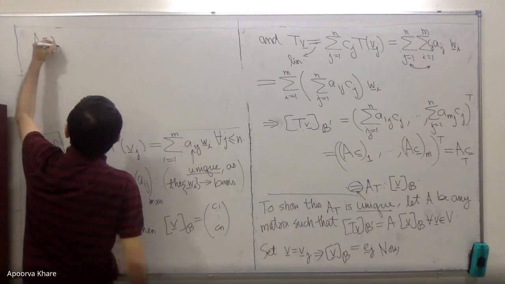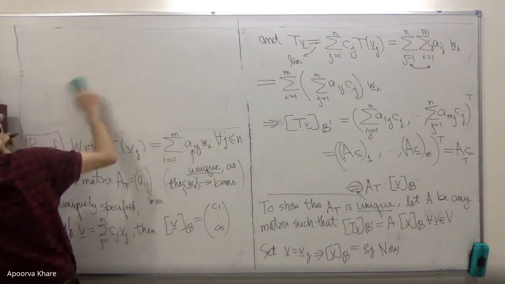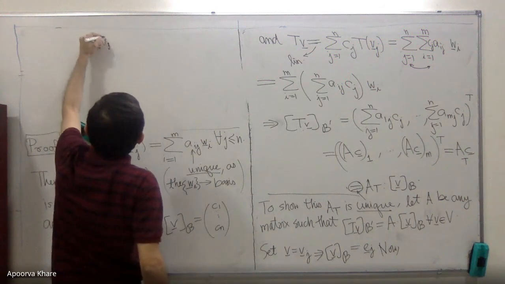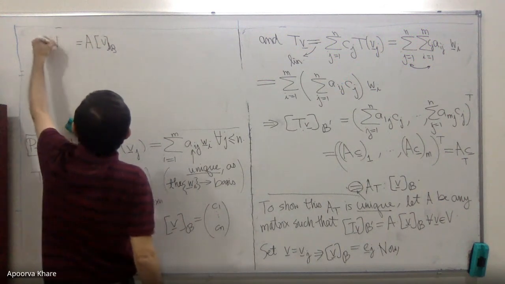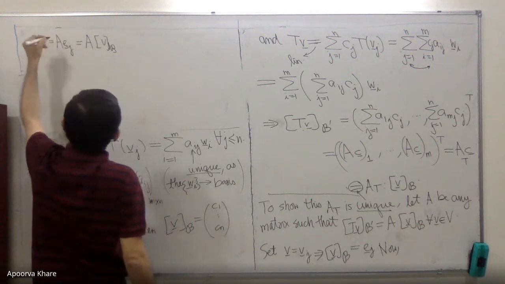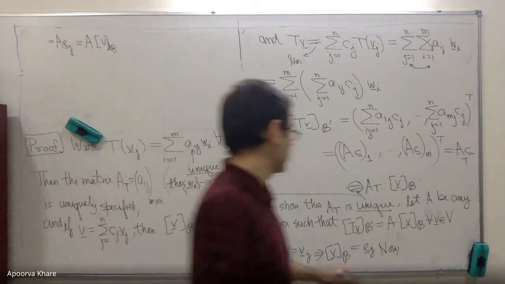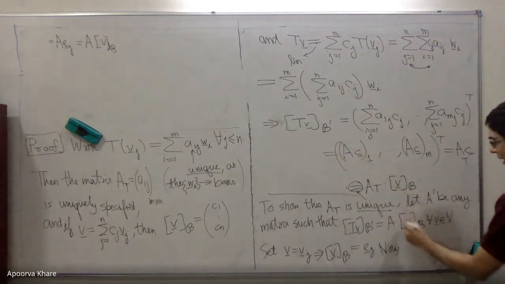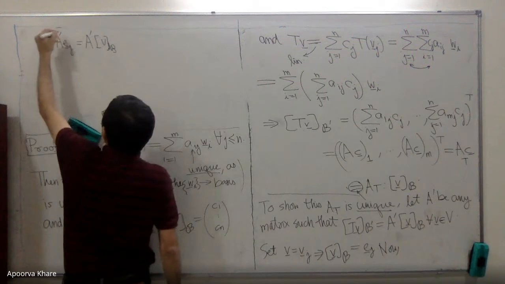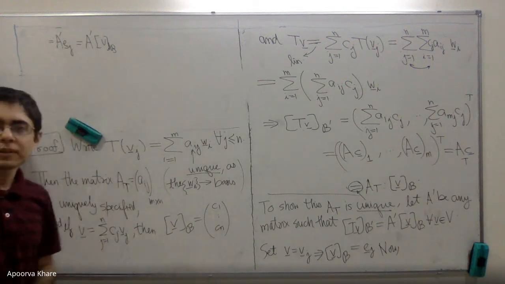So on the one hand, I will do it the following way. A times VB. This is A times Ej. Let's call this A prime, because I've already used Aij. So A prime is any other matrix. What is any matrix times Ej?